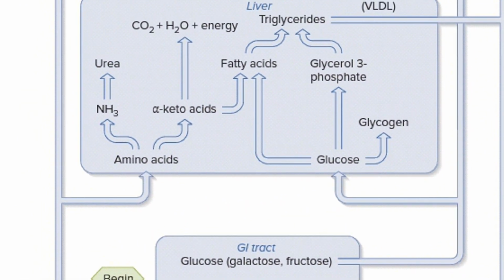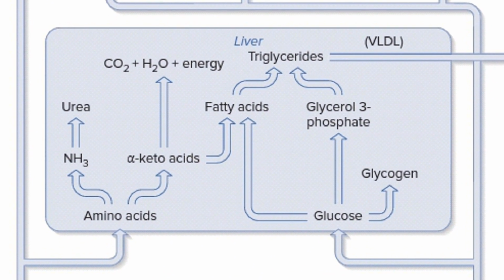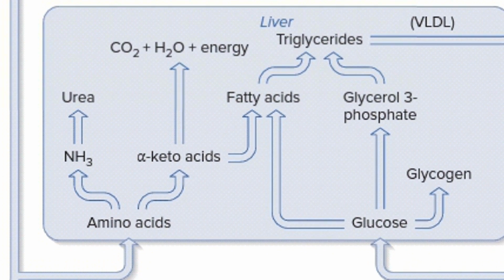So you see the amino acid entering into the liver, deamination process, alpha keto acid and ammonia are released. This ammonia combines with CO2, formation of urea. Okay, then urea, removal of urea in the urine.